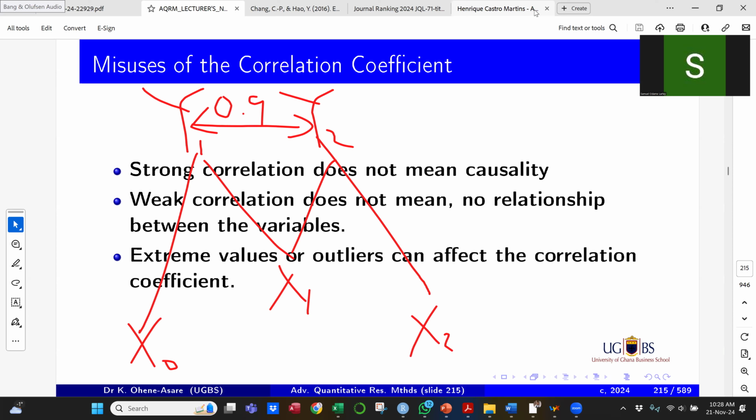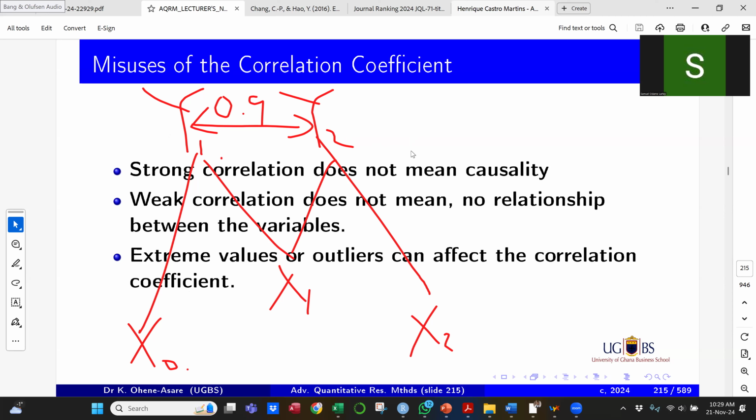That's a possibility. And so there is no causality between Y1 and Y2, but there's a causality between X0 and Y1, between X1 and Y1, between X1 and Y2, and between X2 and Y2. But there is no causality between Y1 and Y2. And yet there's a high correlation between Y1 and Y2, just as there's a high correlation between X1 and Y2, X1 and Y1, X0 and Y1, and X2 and Y2.